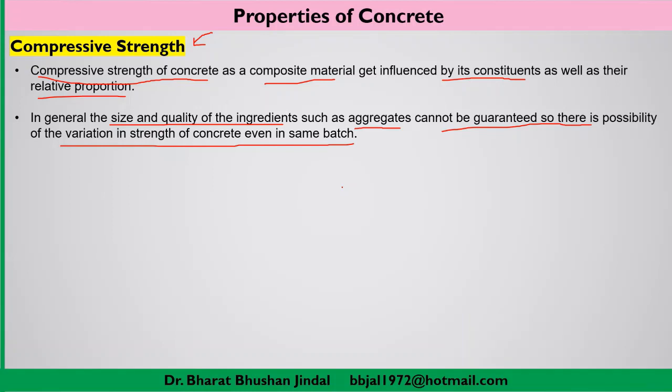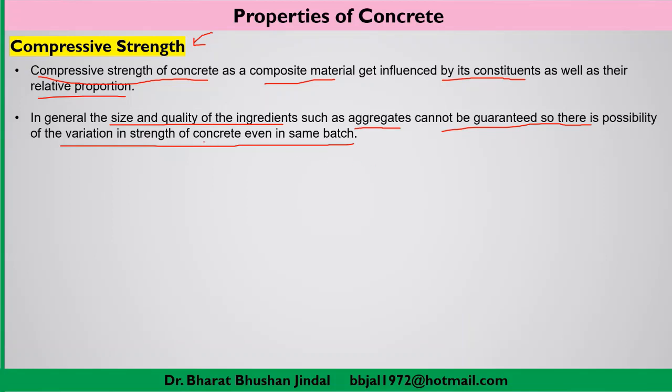So you can't be assured that, if you are preparing suppose 10 cubic meter volume of concrete, in each cubic meter of concrete the aggregates will be of the same quantity or same property.